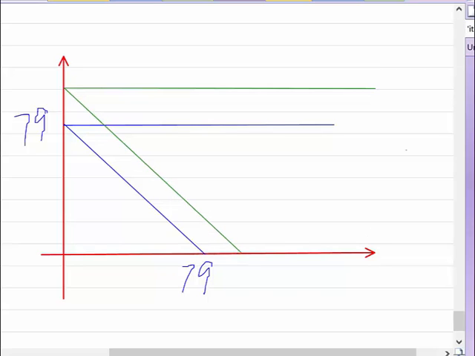So 79 is the present value of the strike, but what we want to say here is let this one be the strike itself, let's say 85. So 85 here. And the green region, the region outlined by the green line, will be for the American put. The blue line outlined region will be for the European put.